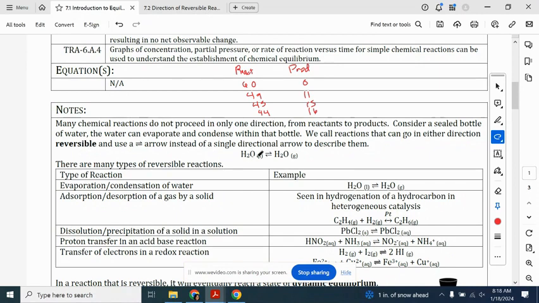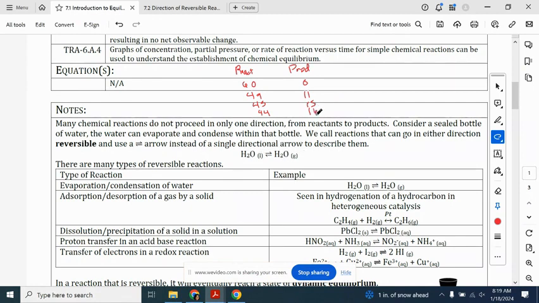That's where you're producing some of this, and you're also producing some of this, and some of this is becoming that, and it keeps trading off back and forth. When that trade-off has equalized the amount of stuff being made here compared to the amount of stuff being made there, then you're at equilibrium.